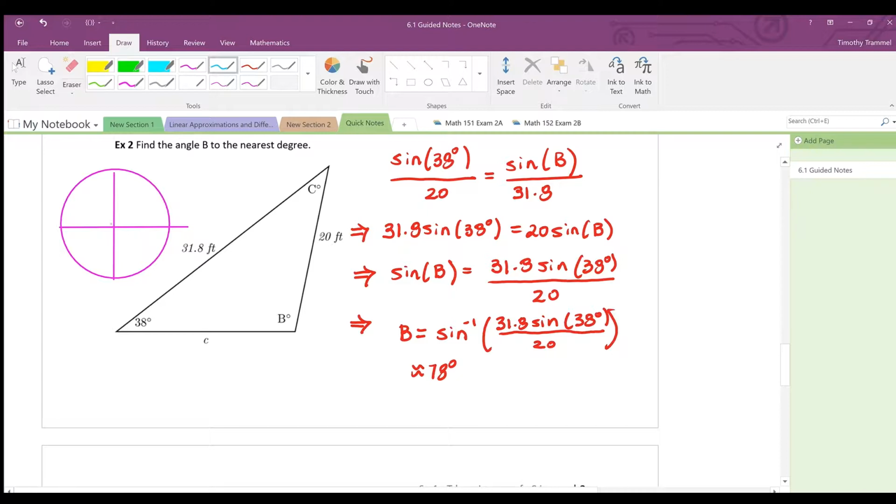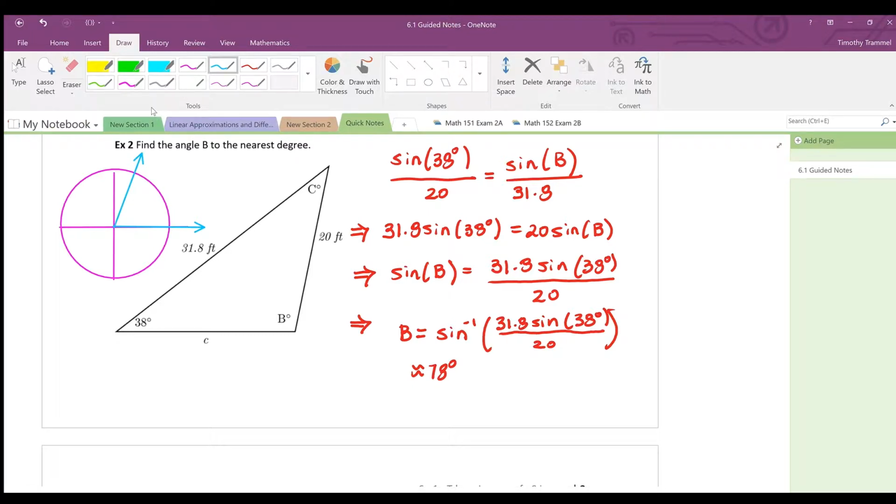So that 78 degrees is a first quadrant angle. And actually, this angle would probably look something more like this here.